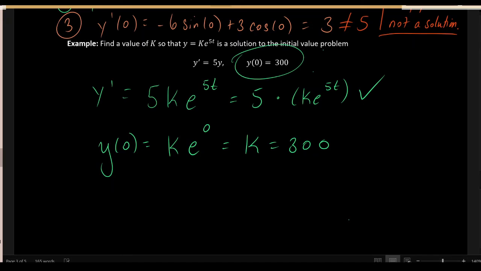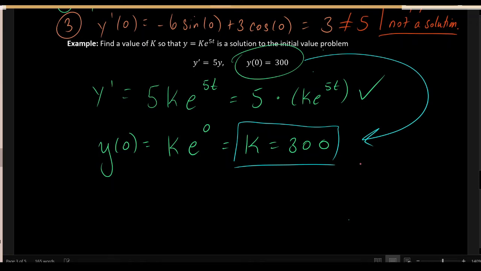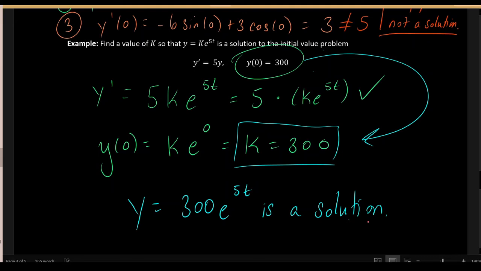So as a result of the second condition, we can conclude that in order for y to be a solution to this initial value problem, the k value must be equal to 300. y equals 300 e to the 5t is a solution to this initial value problem.